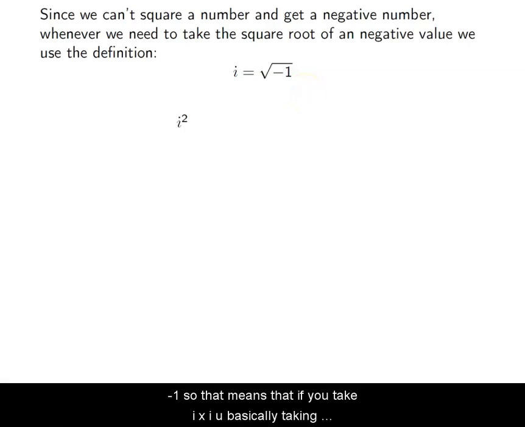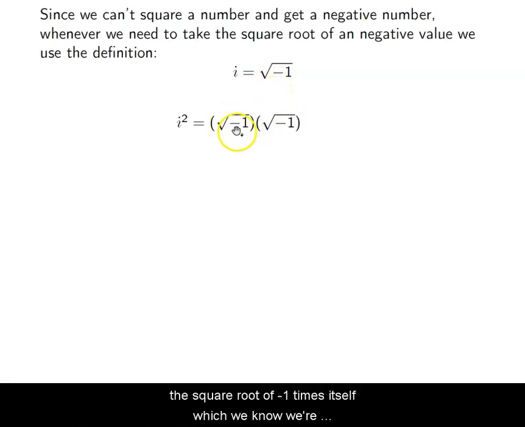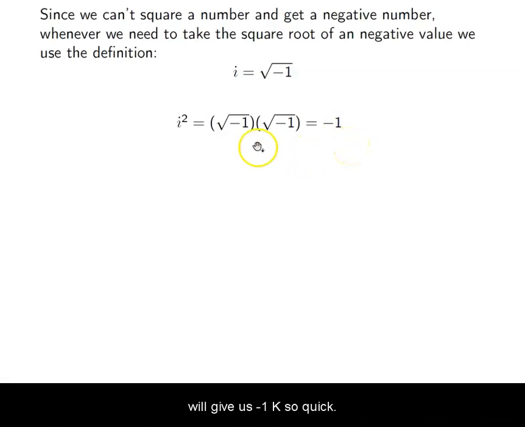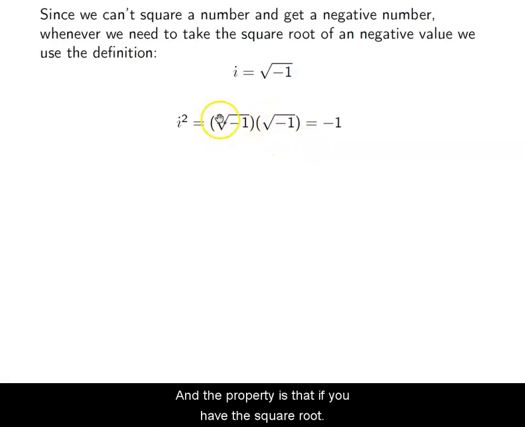So that means that if you take i times i, you're basically taking the square root of -1 times itself, which we know would put it as -1 times -1 under a square root, which will give us -1.